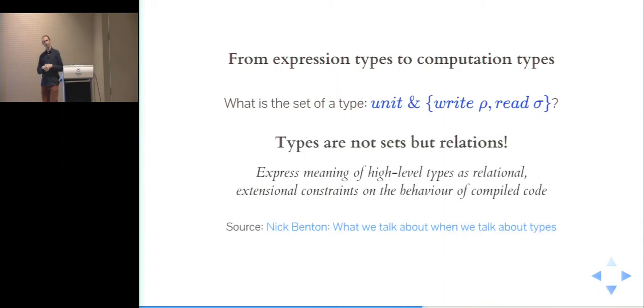So there's more recent work that's trying to take a different approach, and instead of treating types as sets, you can actually treat them as some sort of relations, where the relation that models this is a relation between the old world and the new world, where everything stays the same except for the region rho, and no changes anywhere except for the region rho will have effect.